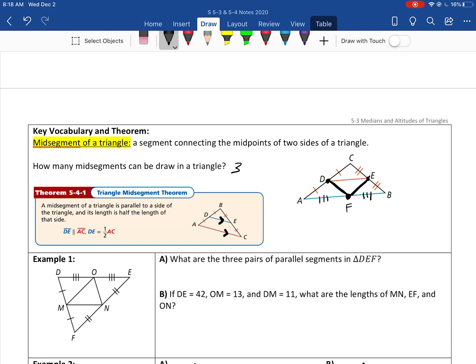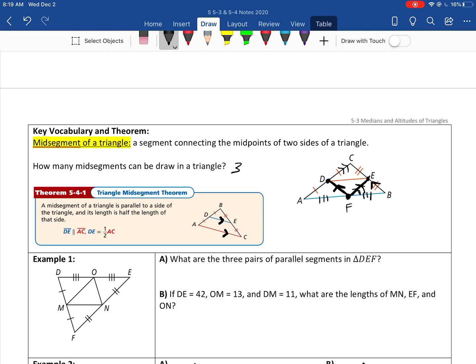So DE and AC are parallel to each other. Up here, DF and CB are parallel to each other. EF and CA are parallel to each other, okay? So you're going to have 3 parallel segments in each figure if they draw all the midsegments.